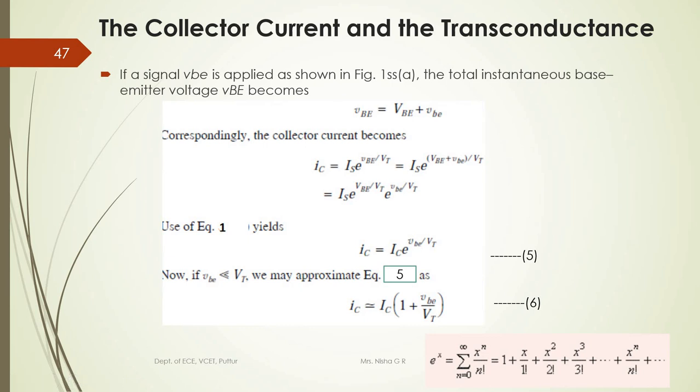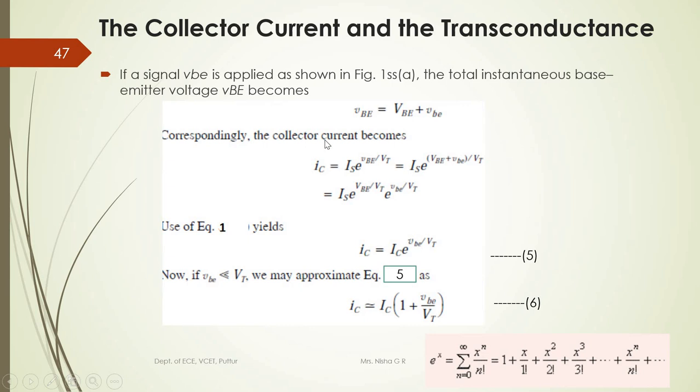We are providing the signal. So the total instantaneous base-emitter voltage VBE is nothing but the combination of the AC component and the DC component. Small letter vb is AC and capital letter VB is DC. So this is the instantaneous base-to-emitter voltage.